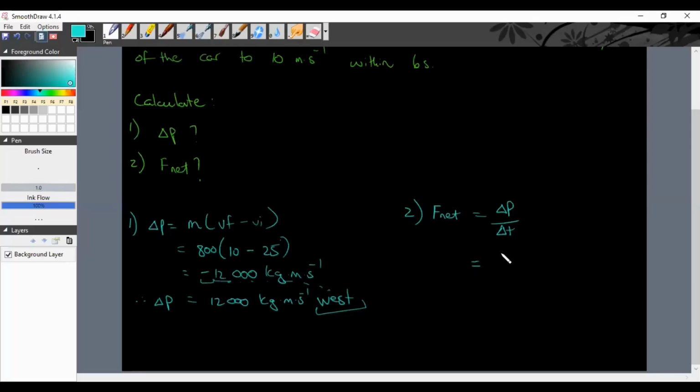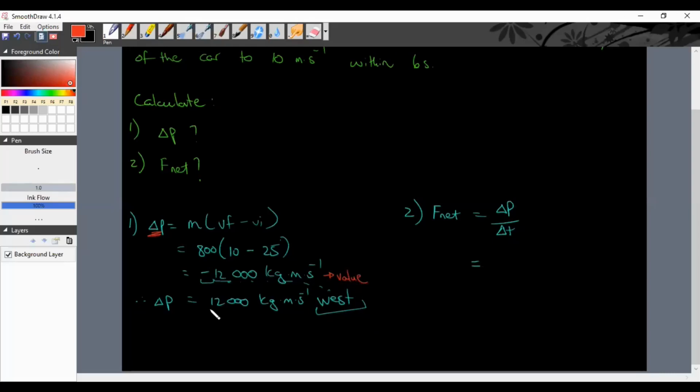Now, this is where I know I'm going to get another question, so I'm just going to state this now while I'm at it. If I'm going to sub in the value, please keep in mind that this answer here is known as the value. This is the value of this, which is negative 12,000.